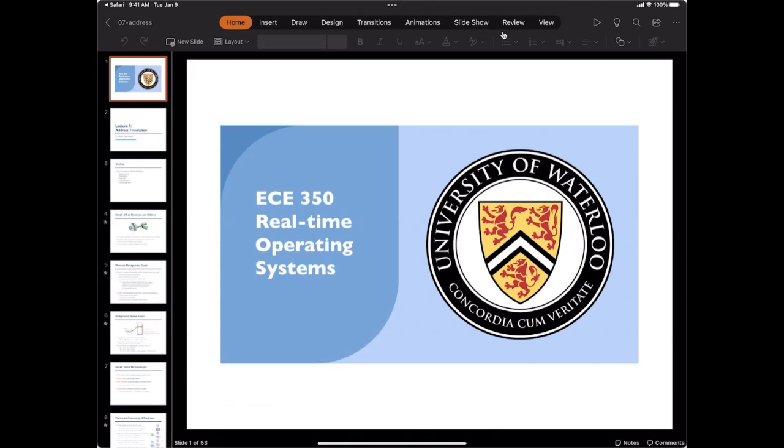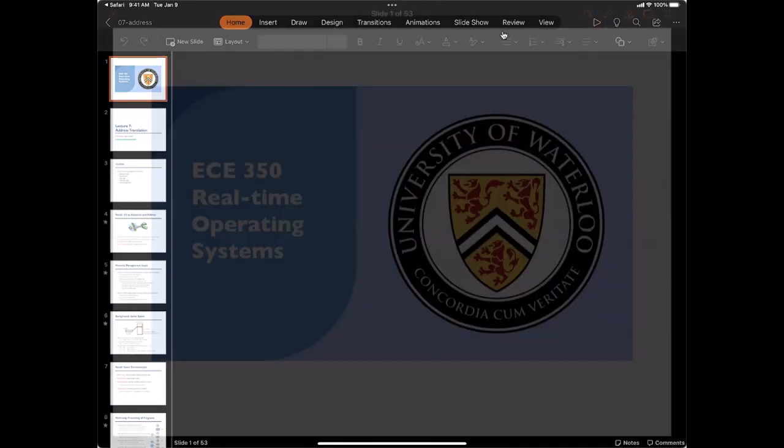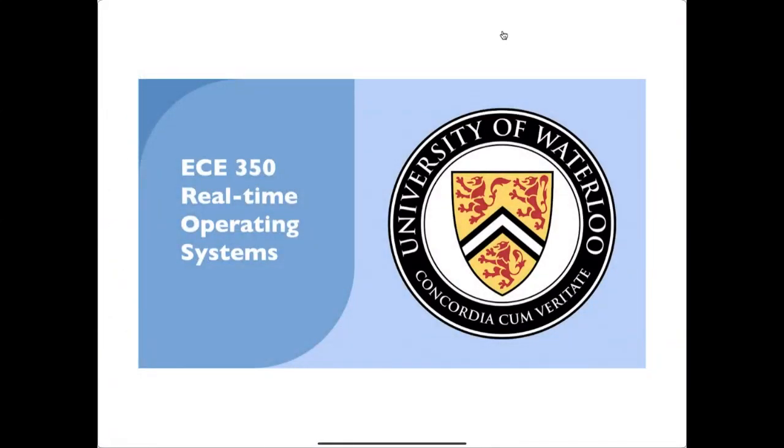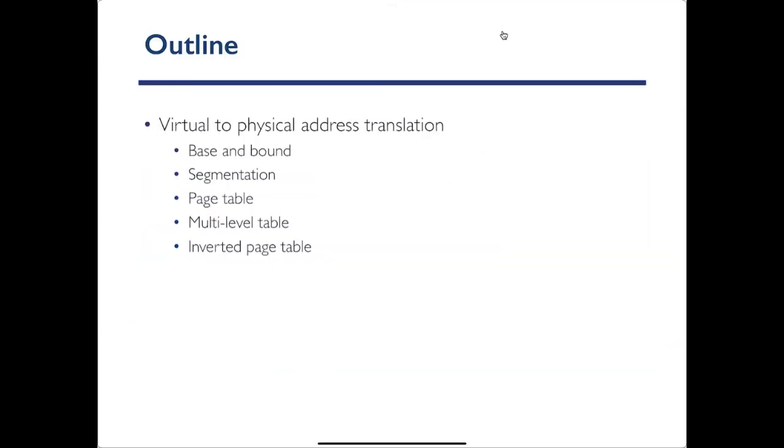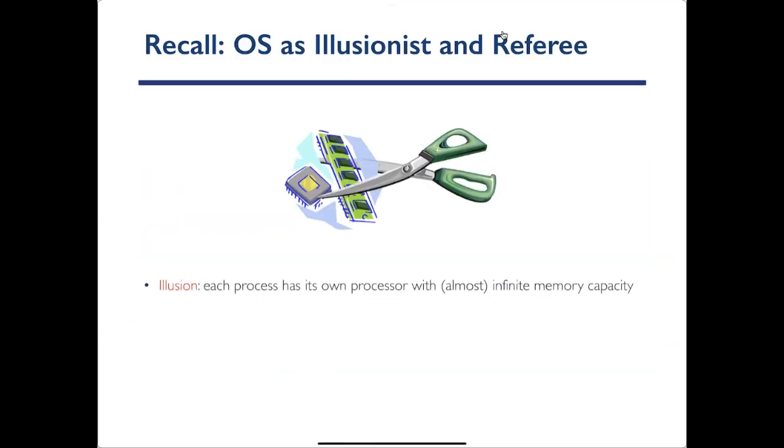Okay, so the next topic that we're going to talk about is address translation. So I'm going to be fast. So let's actually look at what we have done so far. So far, we started with trends in hardware as our introduction. Then we talked about 4 concepts of operating systems.